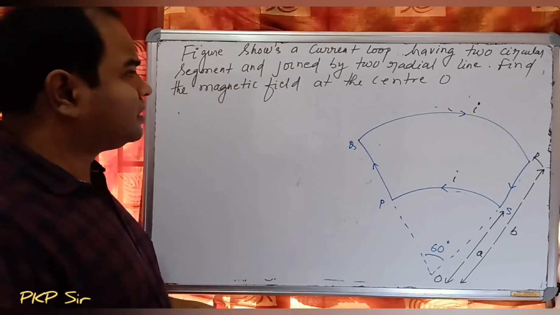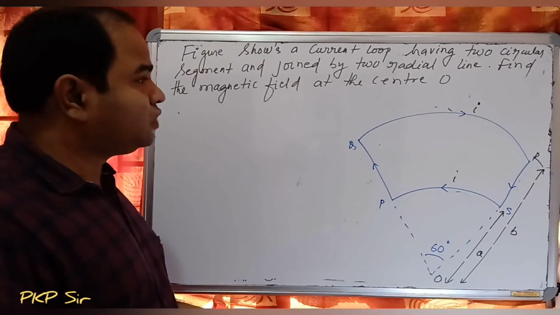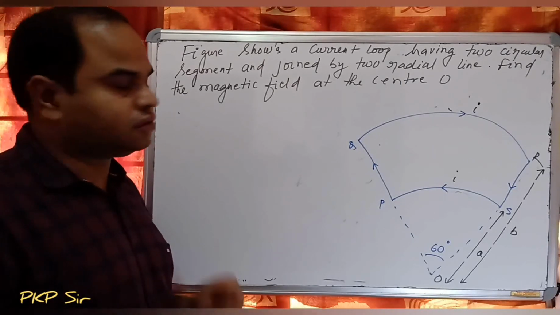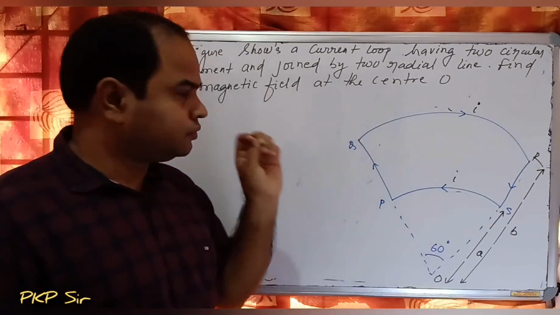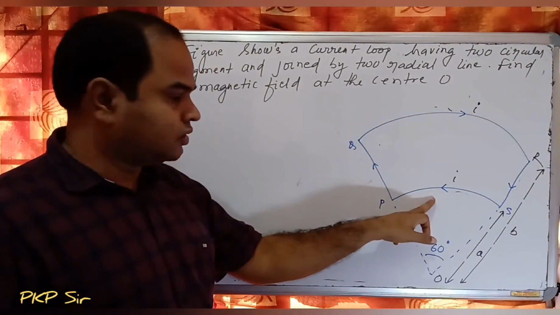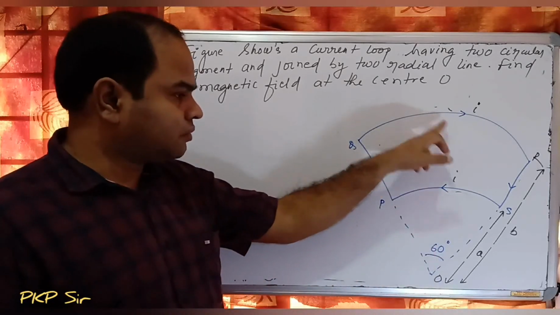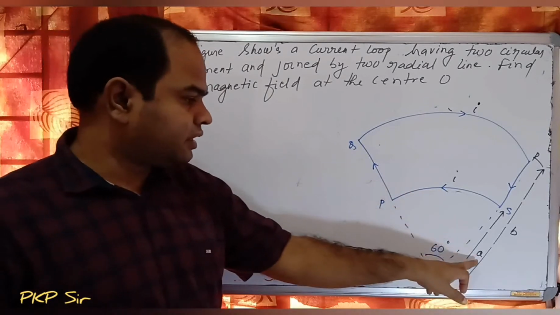the figure shows a current loop having two circular segments joined by two radial lines. Find the magnetic field at the center O. This is a current loop having two circular segments which subtend an angle of 60 degrees. The first circular segment has radius b, the second circular segment has radius a.